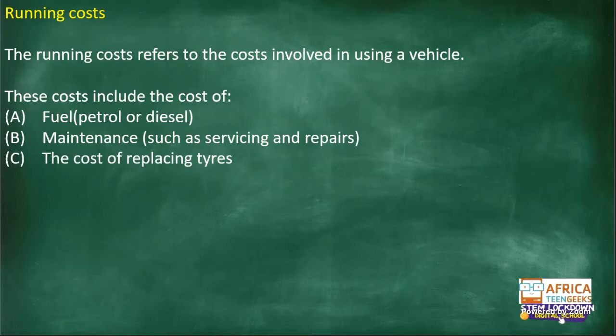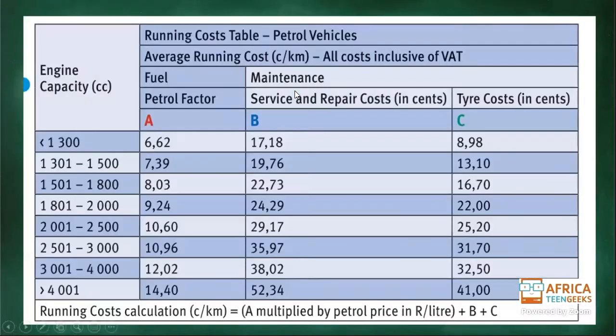And of course, the next one there is the table that we have looked at, which consists of the engine capacity and the fuel factor there. Remember, this is not the price of fuel. This is just a number. You use this number to multiply the price of fuel per liter.